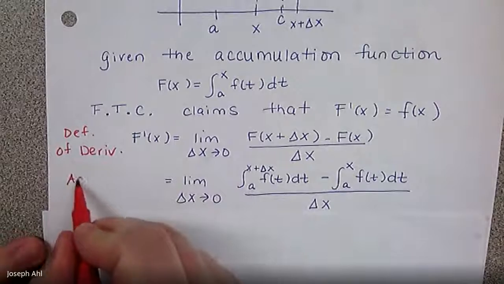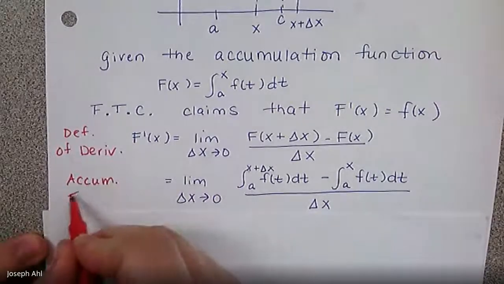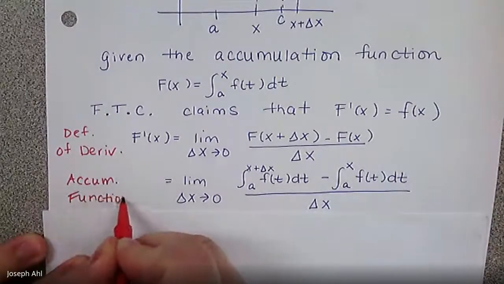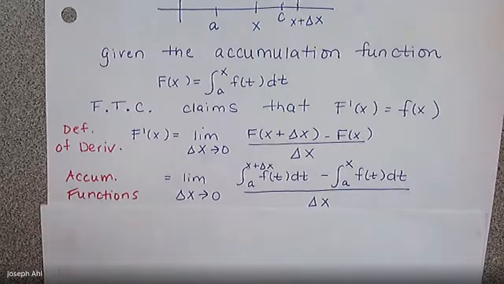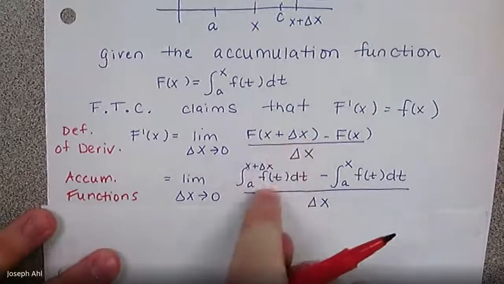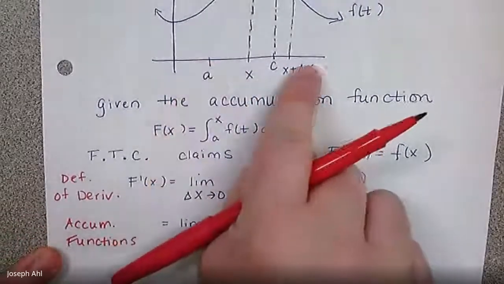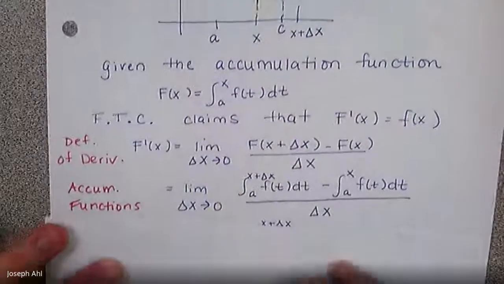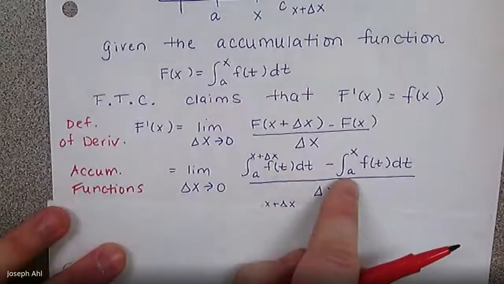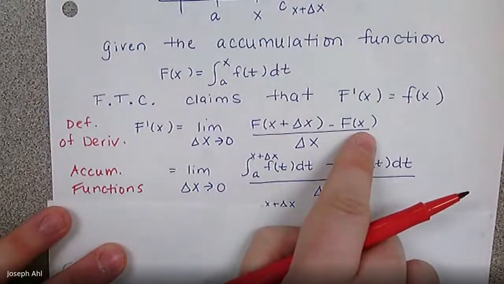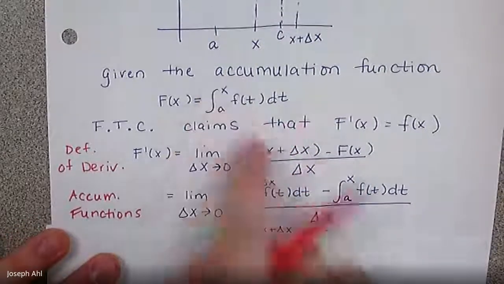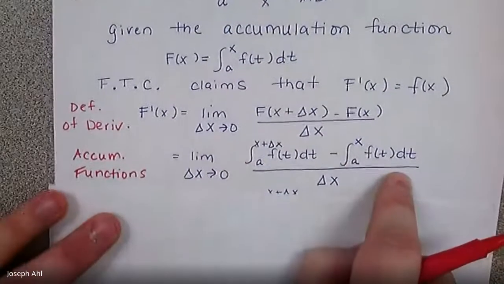Capital F of x plus delta x is the accumulated area from a to x plus delta x for the function f of t dt. And capital F of x was defined earlier as the accumulation of area from a to x of f of t dt.